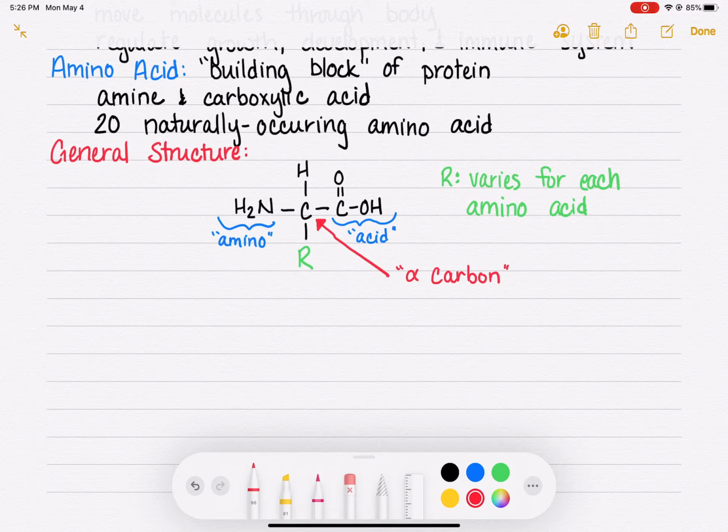is not how they actually exist when they are inside our body. When an amino acid is at what we're going to call physiological pH, physiological meaning the pH of the inside of a living system. At physiological pH, amino acids are ionized.